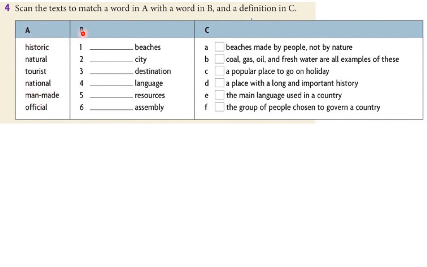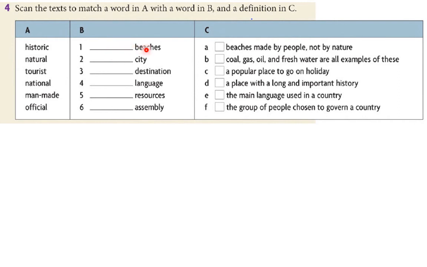In B, there is a second word that goes with one of the 6 words, and in C, there is a definition for each of them. Let's stop at B. In B, we can see that there are 6 couples of words which come together.